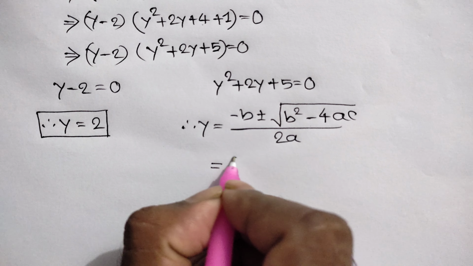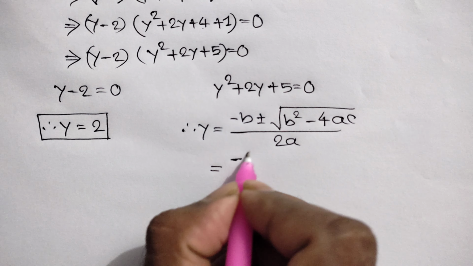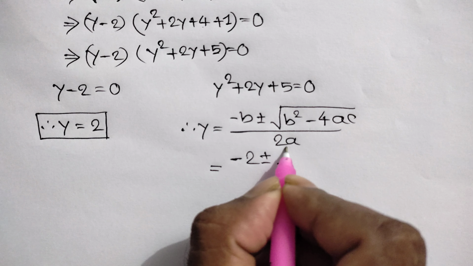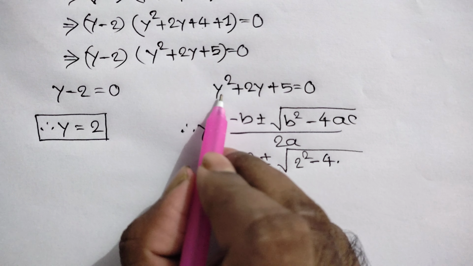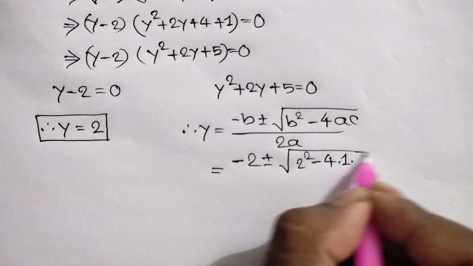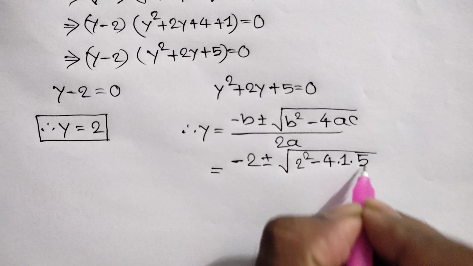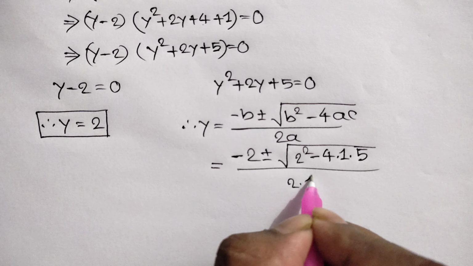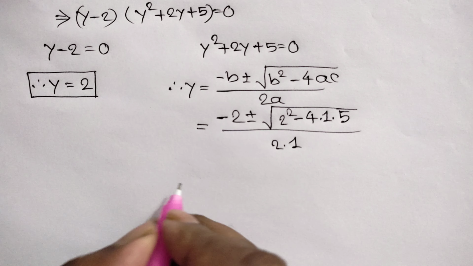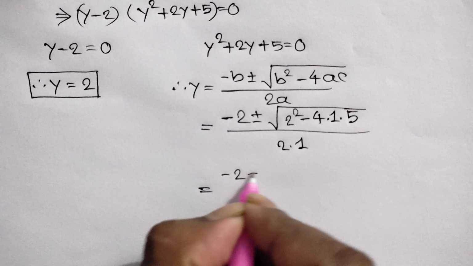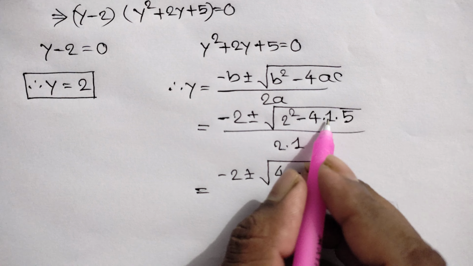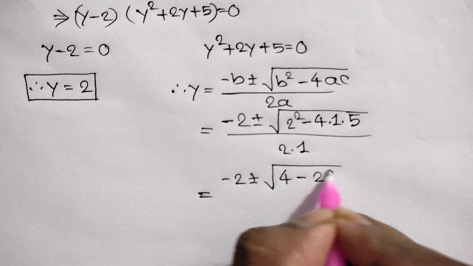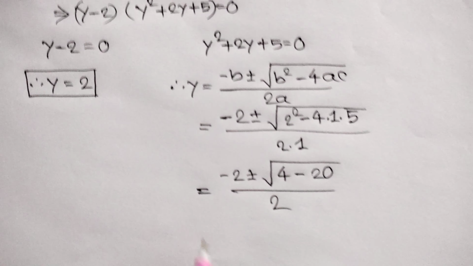Here b is equal to 2, a is equal to 1, and c is equal to 5, so y is equal to minus 2 plus or minus square root of 2 square, that means 4, minus 4 times 1 times 5, which is 20, over 2 times 1, which is 2.